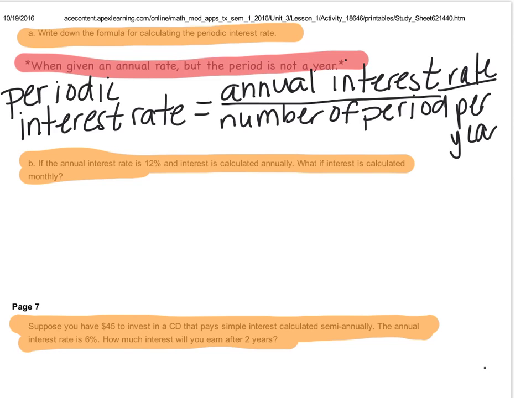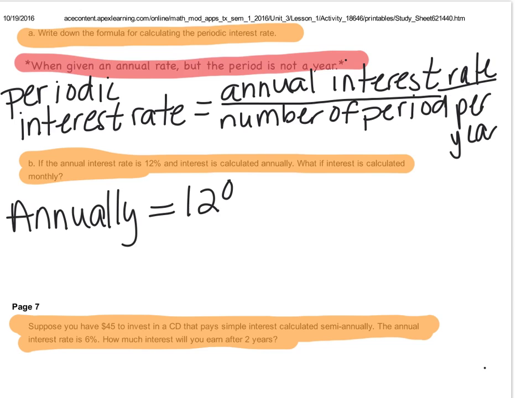So, practice problem. If the annual interest rate is 12% and interest is calculated annually, what if interest is calculated monthly? Annually, it would have to be 12%, because that's just one time a year.